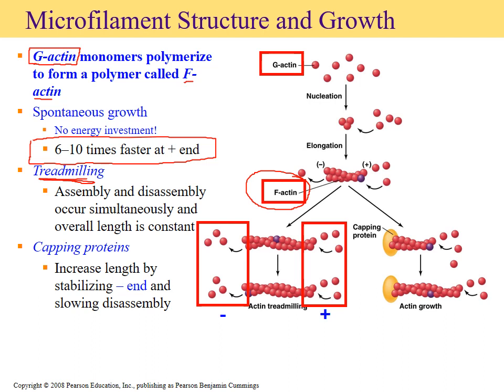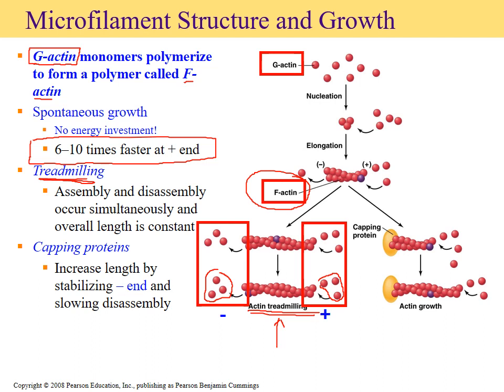So whatever you're adding to the positive end and whatever you're taking off from the negative end, they will cancel each other out and you'll maintain equal length of the filament. So you see right here in my illustration, if I add 3 more G-actins, I also remove 3 actins from the negative end. So this is treadmilling. You see growth and disassembly on either end, but the overall length stays the same.